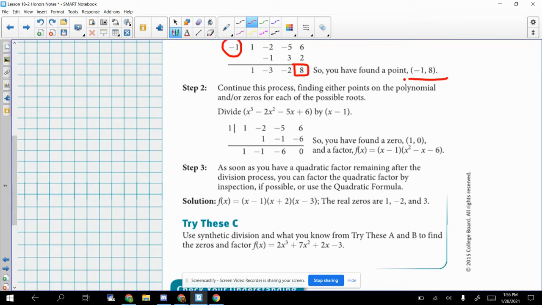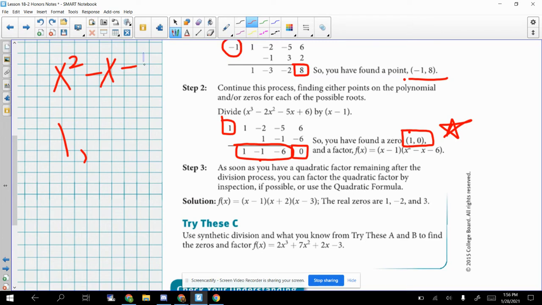But then they tested positive 1, and they got a remainder of 0. So they know that that point is at 1, 0. So that is a 0 or a solution or a root. Then all they had to do from there, knowing that 1 is one of their solutions, was take the quotient and factor it. Remember when we did division, we would write that as 1x squared minus 1x minus 6.